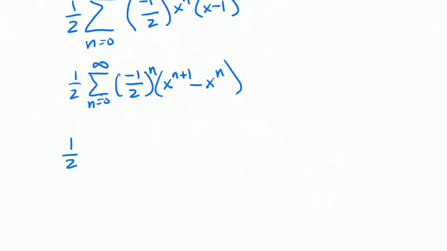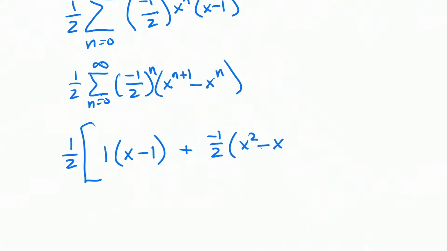So we have 1/2 times, let's see, we have negative 1, no. So start with n equals 0, and you get 1 times x minus 1, and then plus negative 1/2 times x squared minus x.